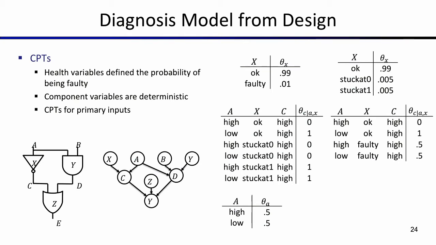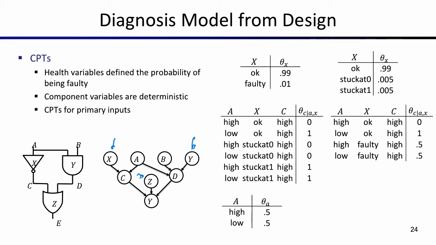So these are the conditional probability tables for the Bayesian network. We have basically three categories of variables. We have the variables that represent the health states of the components, in this case X, Y, and Z. We have variables that represent the wires, in this case C, D, and E. And also we have the primary inputs A and B. So for the health variables, we can locate them here, X and Y and Z here.